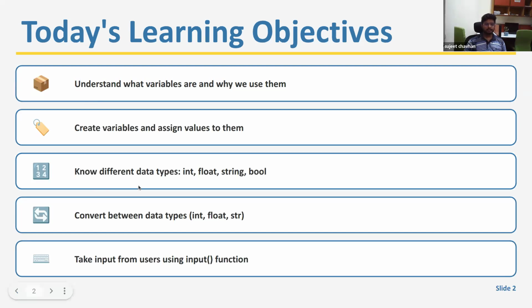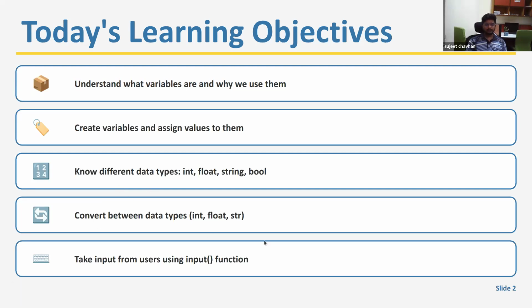The next thing is we will see four data types: int, float, string, bool. Bool is boolean. And then we will see how we can convert between these different data types.